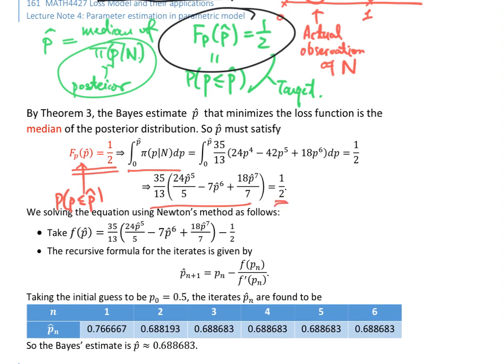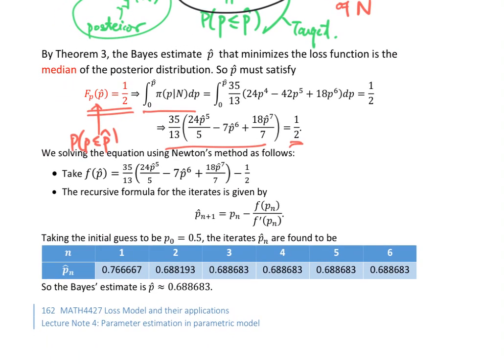Now, in order to get this p hat, of course you can use Newton's method. Just recall that Newton's method is used to solve equations of the form f equal to 0. To use Newton's method, first of all, you define this function as the left hand side minus the right hand side.